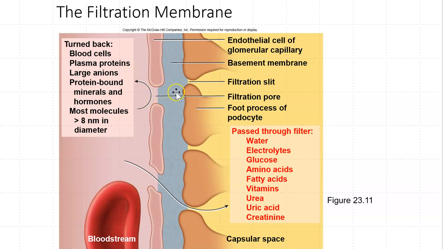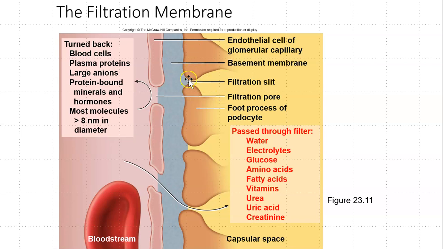And the basement membrane helps this process because it helps in excluding large proteins like albumin. So it prevents the passage of albumin through these filtration layers. Most molecules that are greater than 8 nanometers in diameter are turned back, so they cannot pass through.